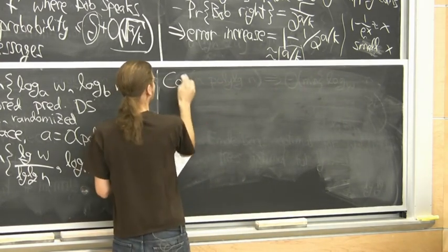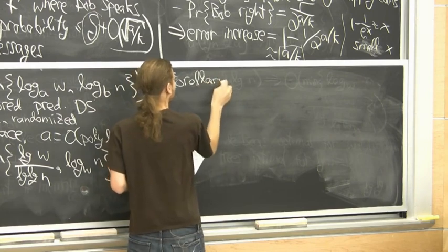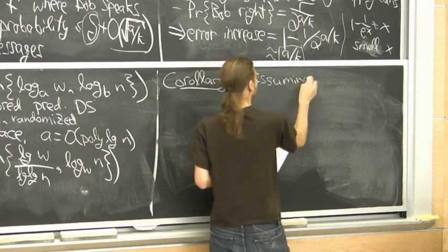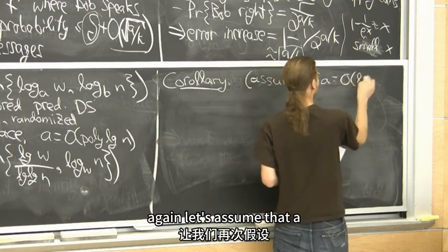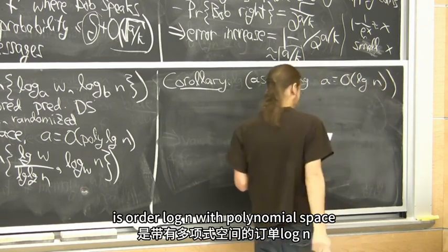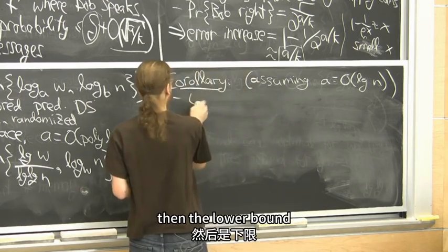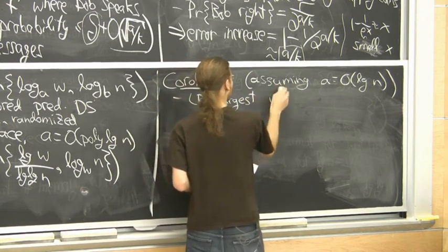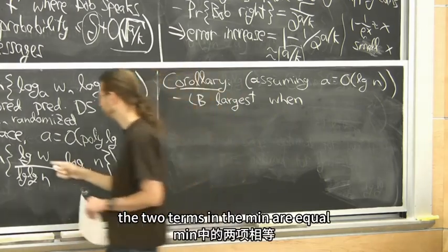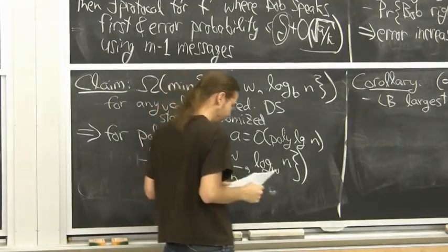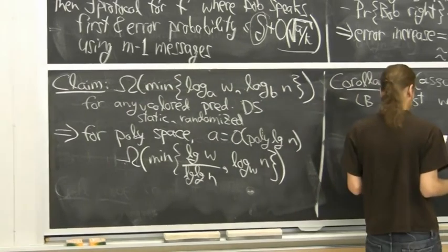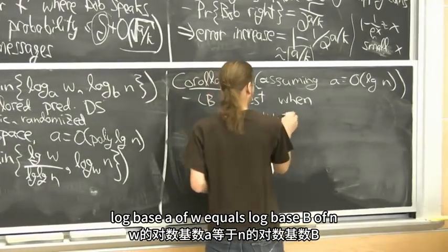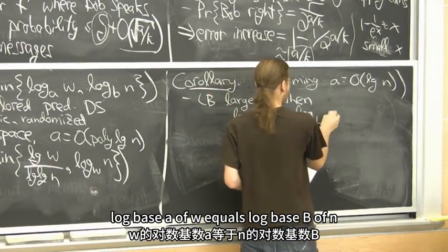So again, let's assume that A is order log n with polynomial space. Then the lower bound will be largest when the two terms in the min are equal. So log base A of W equals log base B of n.